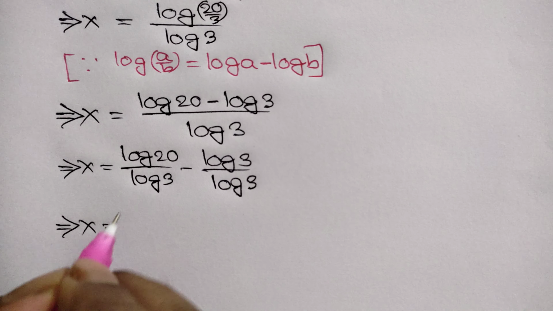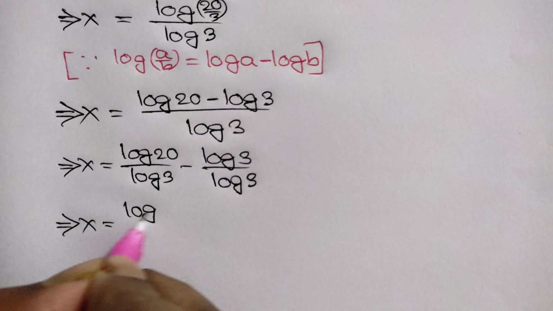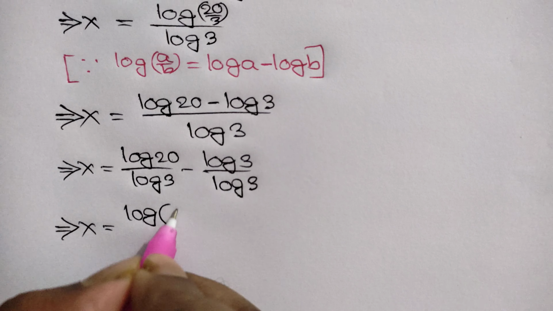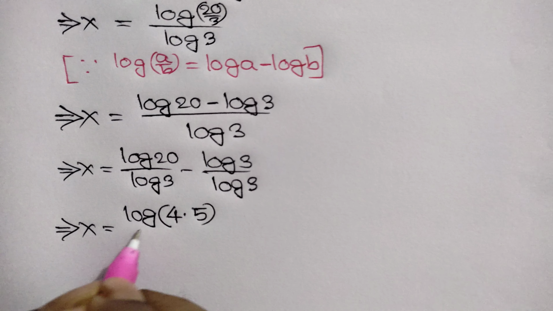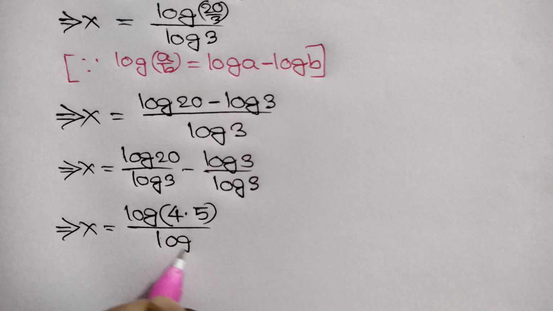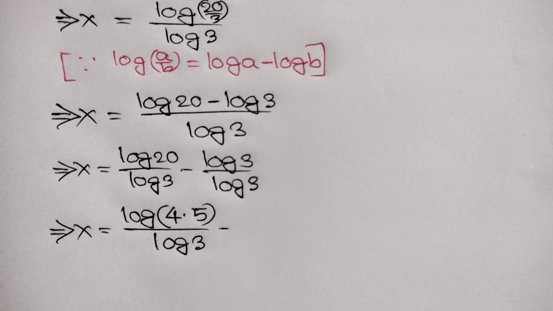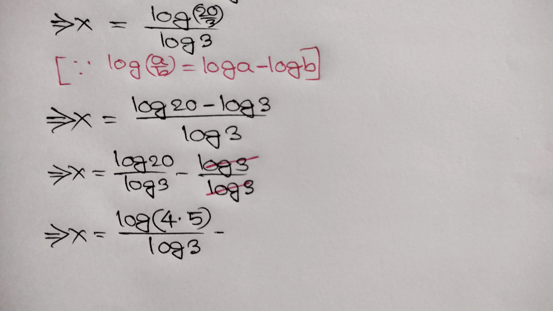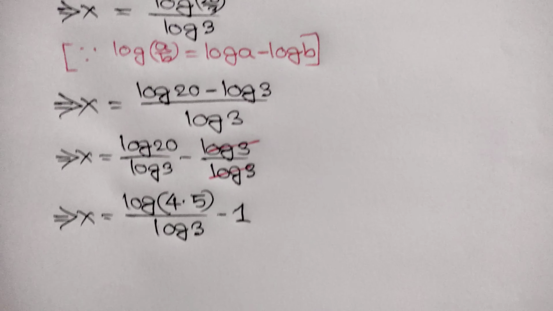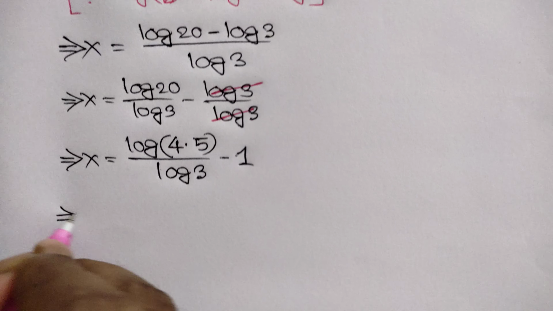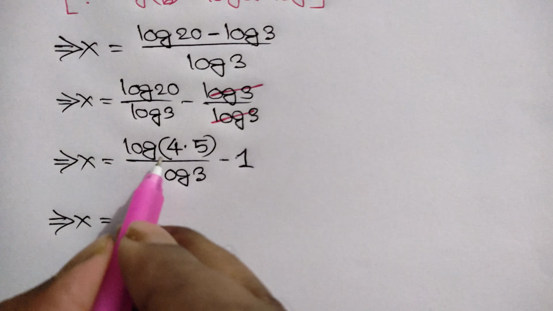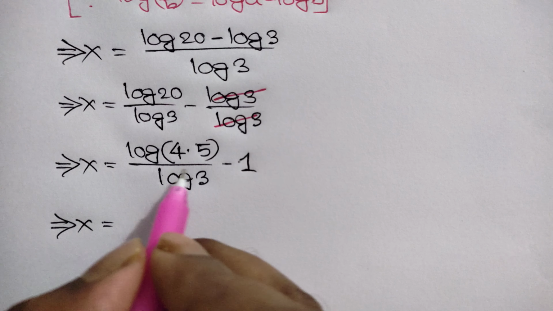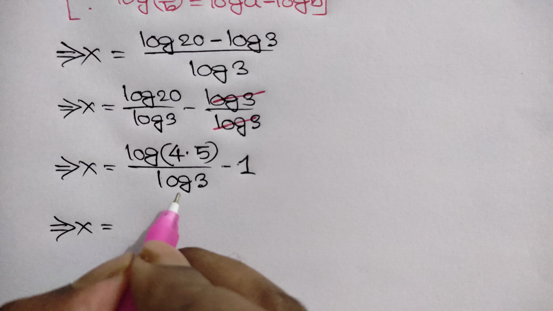Or x is equal to, now log of this 20 can be written as 4 times 5, over log of 3 minus, here this log of 3 cancels out this log of 3, so we will get 1. Now we know that log of ab is equal to log of a plus log of b.